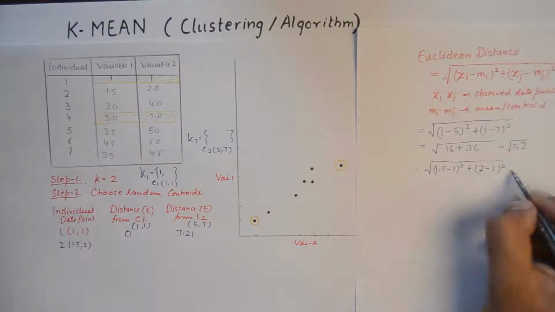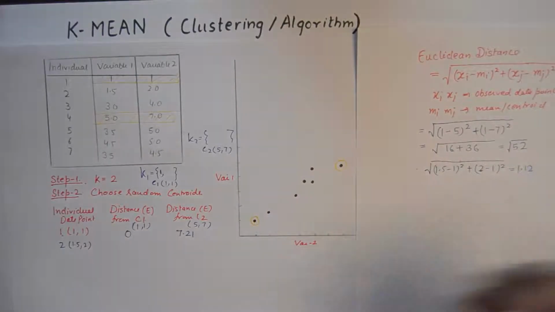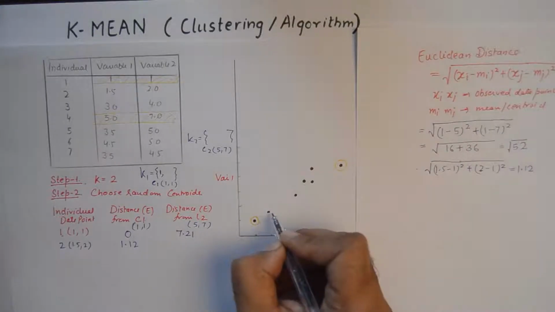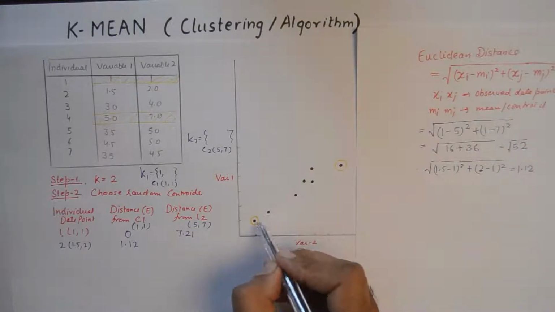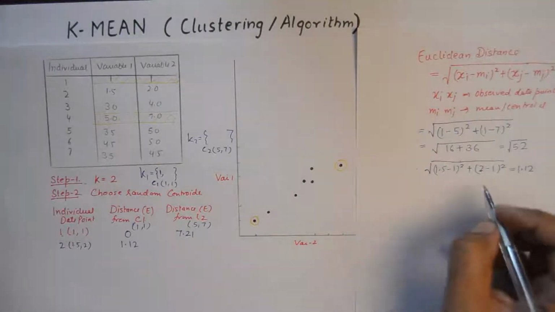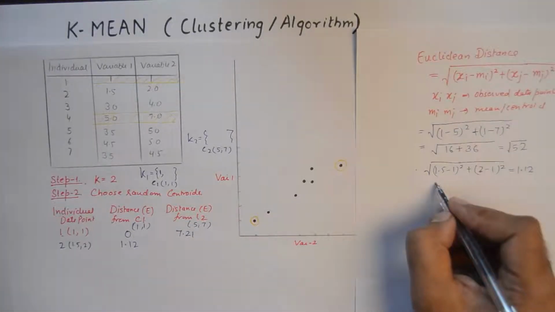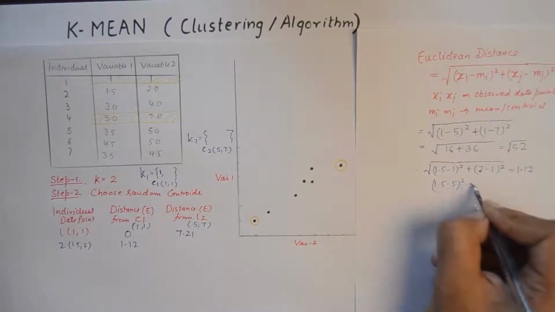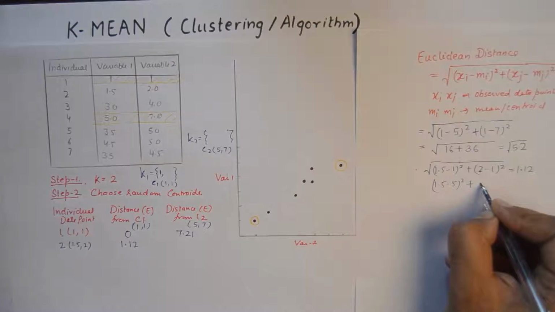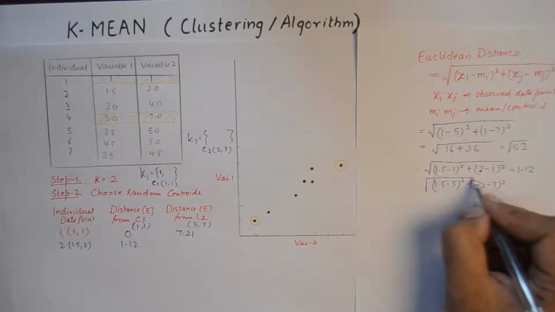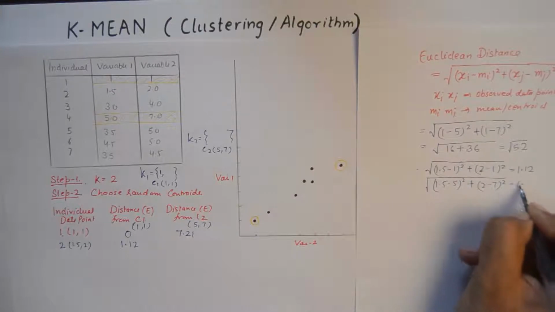So this becomes 1.12. So I'll substitute 1.12. The distance of this data point from this centroid is 1.12, that is the Euclidean distance, and similarly substituting (1.5 minus 5) whole square plus (2 minus 7) whole square, under root, is equal to 6.10.